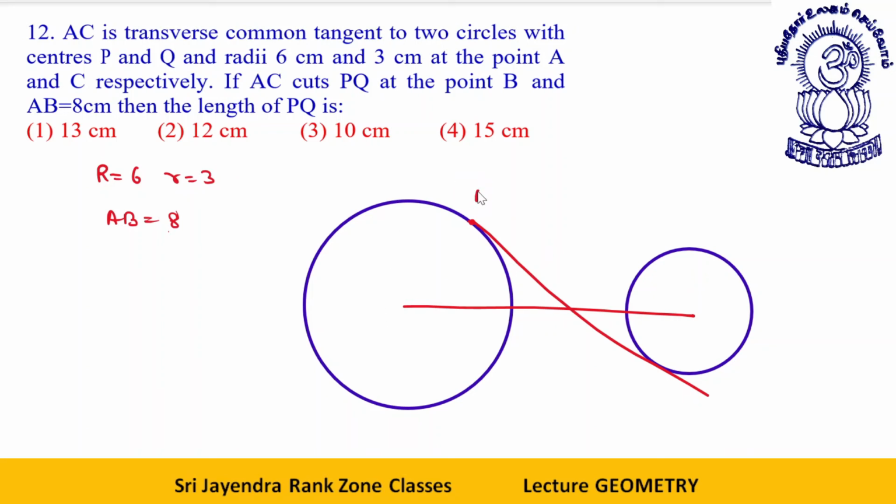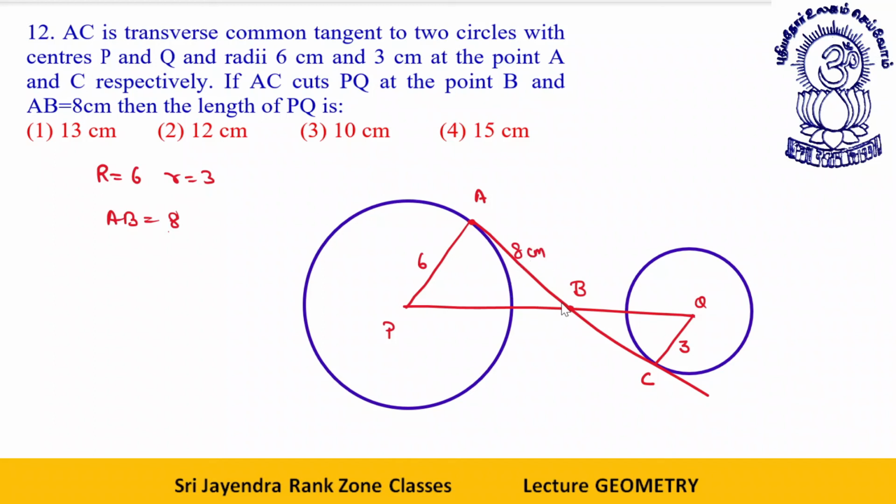AC is a transverse common tangent to two circles with centers P and Q and radii 6 and 3. The radius is 6, this is Q and this is 3. If AC cuts PQ at the point B and AB is equal to 8 centimeter, then the length of PQ is?